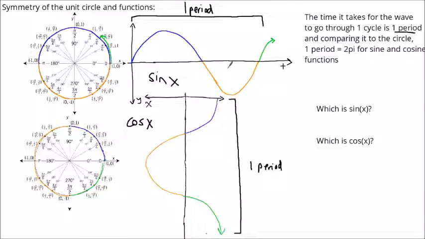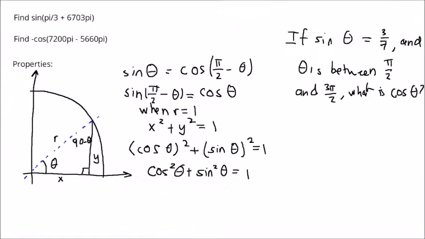It'll go through the exact same cycle over and over and over again. So 6,702 out of the 6,703 is useless. It doesn't give you anything. So in reality, it's just pi over 3 plus pi, which is 4 pi over 3, which is 240 degrees, if you want to work in degrees, but I'm going to work in radians.